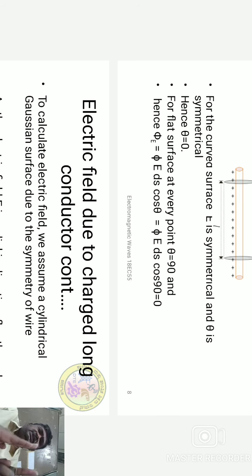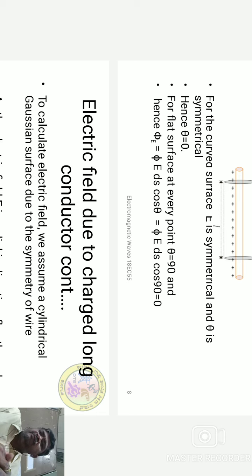So theta is equal to 90 degrees, and cos 90 degrees is equal to 0. Whereas for the curved shape, the area vector ds and the electric field are in the same direction, so my theta value will be 0. So with this, let us apply the steps.